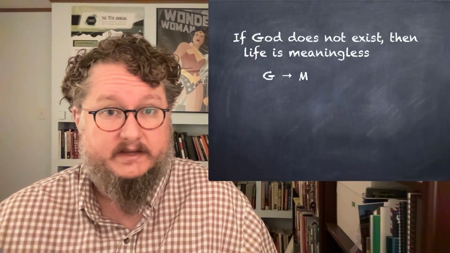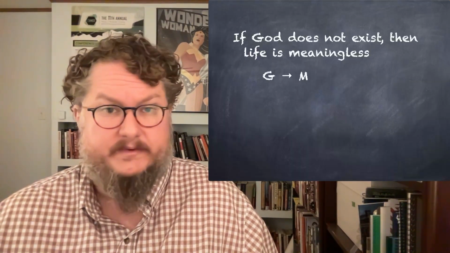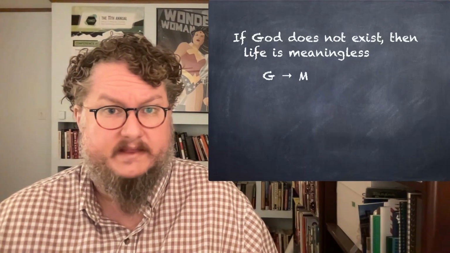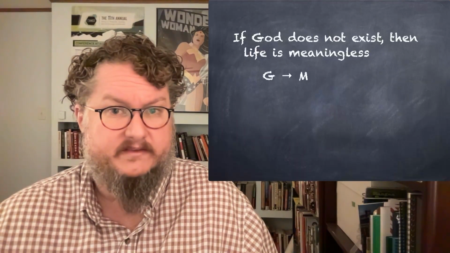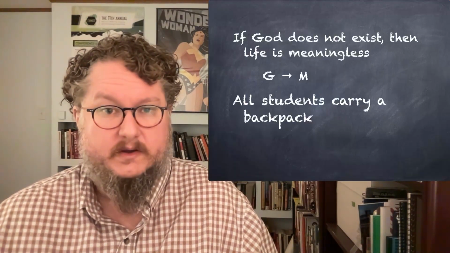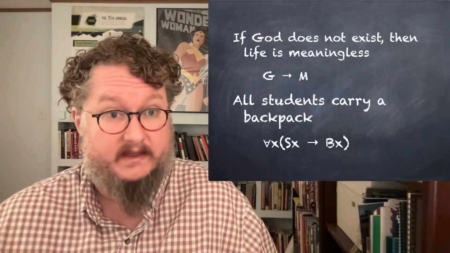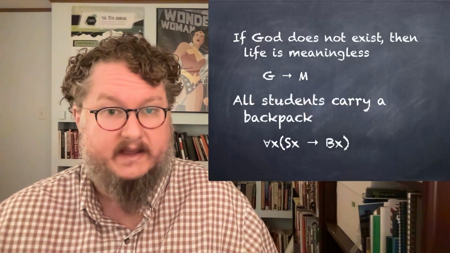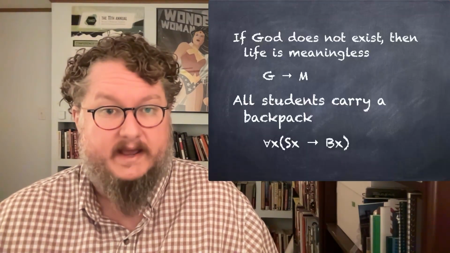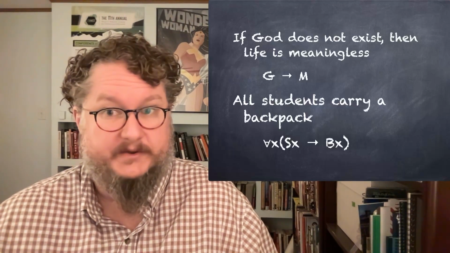Here I'm using G to represent God exists, and M to represent life is meaningless, and then the arrow indicates the if-then structure of this statement. All students carry a backpack we might represent with a slightly more complicated set of formal tools like this. For all X, if X is a student, then X carries a backpack. That would be how we would read that formal statement.